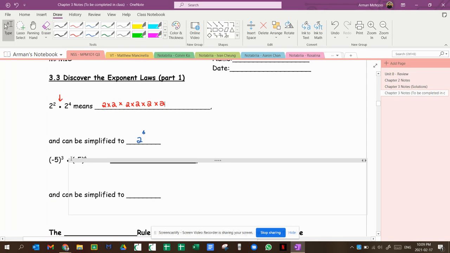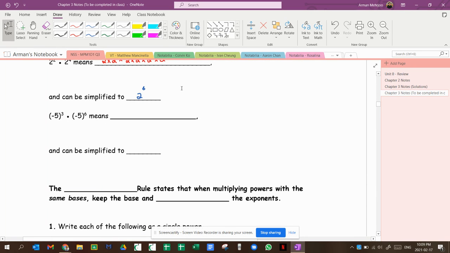You could do the same thing with negative 5 to the exponent 3 and negative 5 to the exponent 6. And I could just show you that very quickly. If you have negative 5 and it's multiplying with itself 3 times, and then if you also have negative 5 and it's multiplying with itself 6 times, wow, that's more negative 5s than I thought I would have to draw.